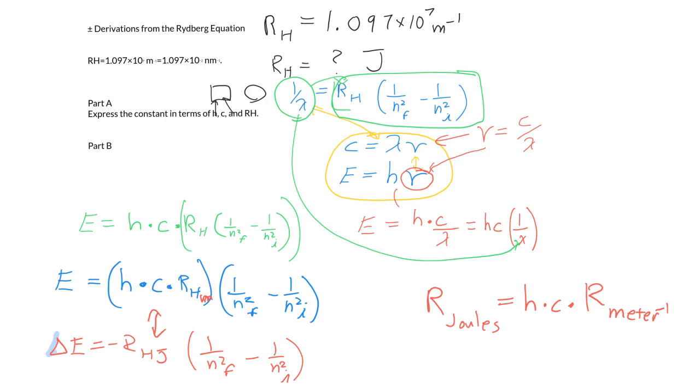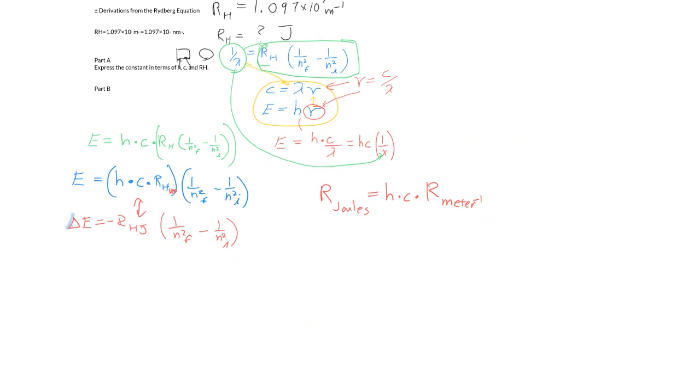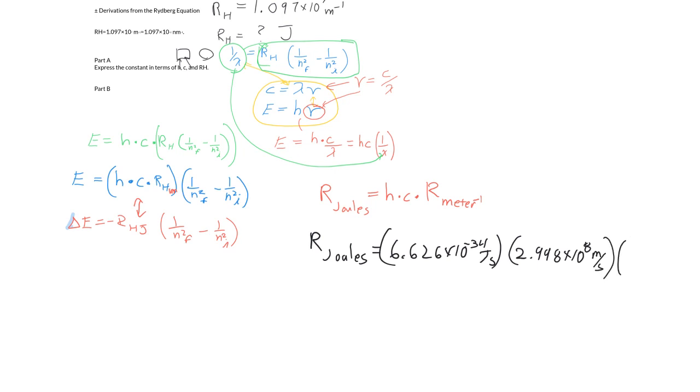Remember, I gave you the value of the Rydberg constant in terms of energy in lecture. So our joules value equals Planck's constant, 6.626 times 10 to the negative 34th joule seconds, times our speed of light, 3.00 times 10 to the 8th meters per second, times 1.097 times 10 to the positive 7th inverse meters.